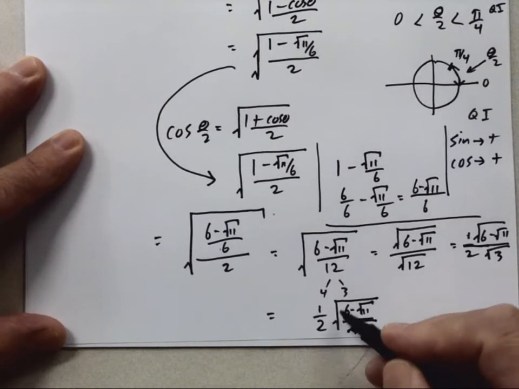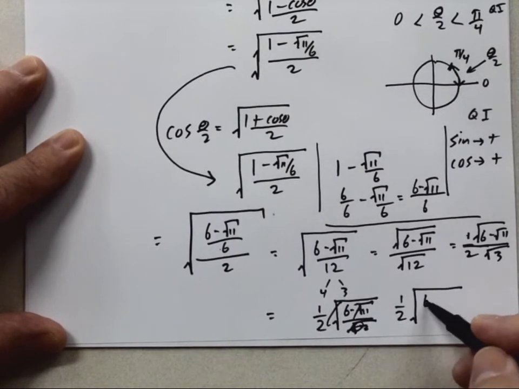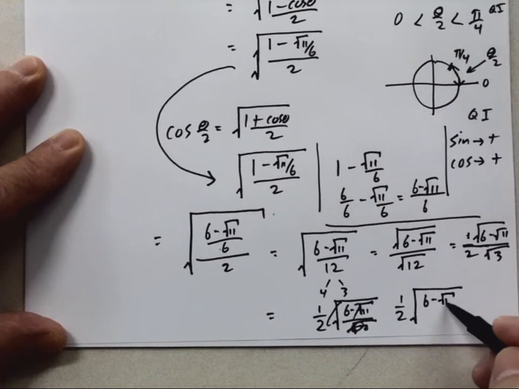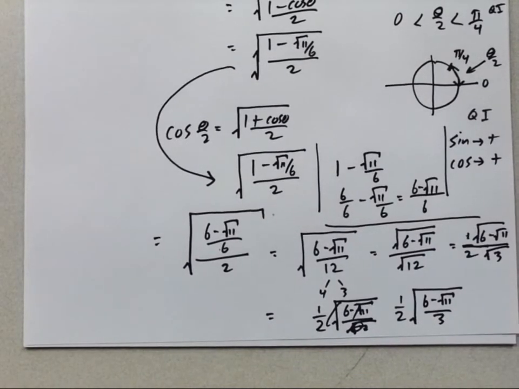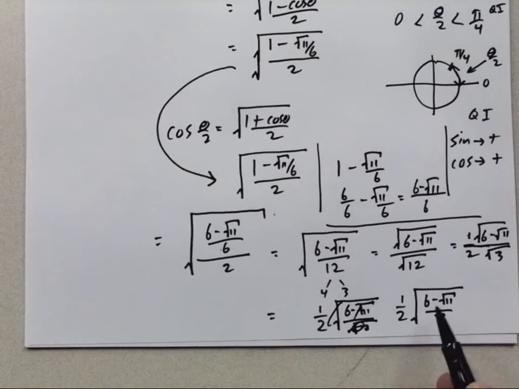Wow, I was wrong. Sorry. It's 1/2 square root of 6 minus square root of 11 over 3. This looks pretty ugly, but that is actually the answer. So in the homework, you're going to have to do this kind of math.